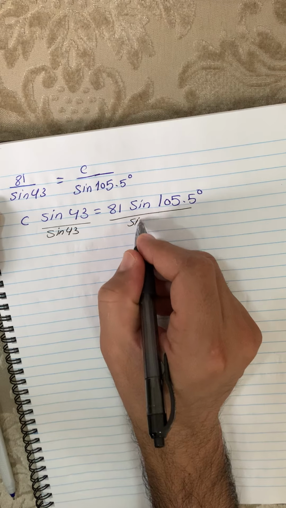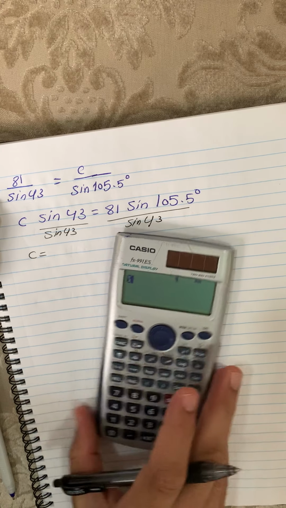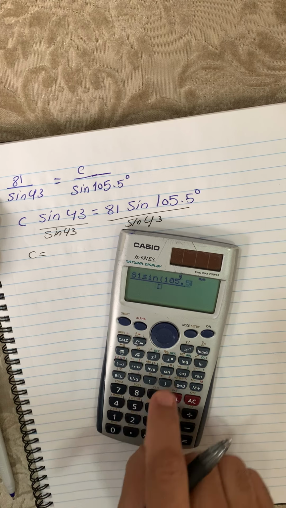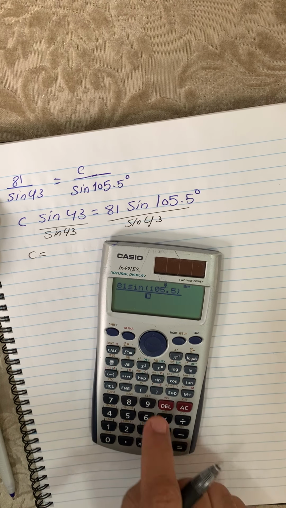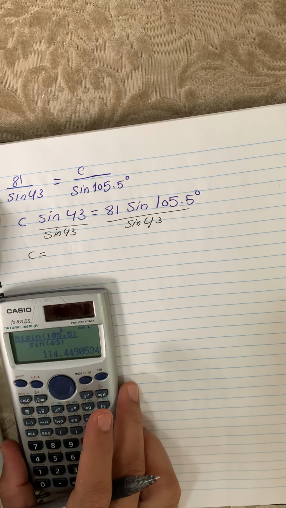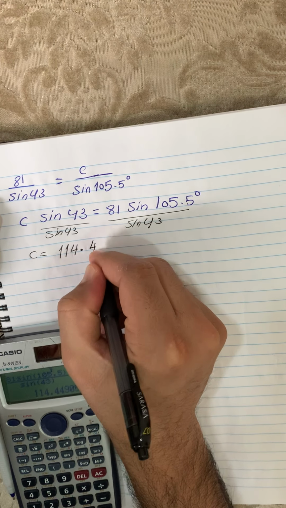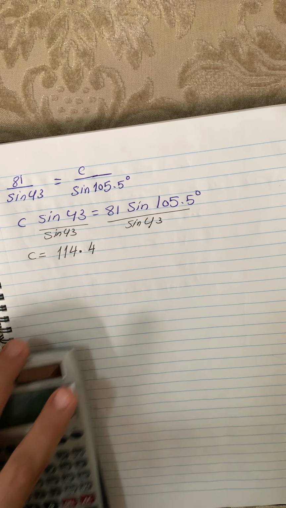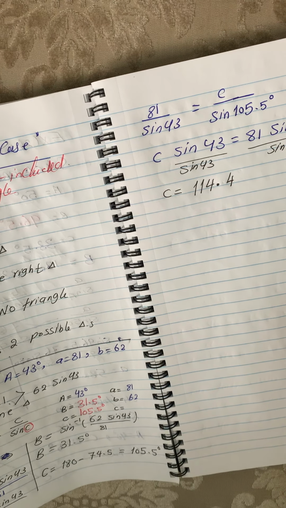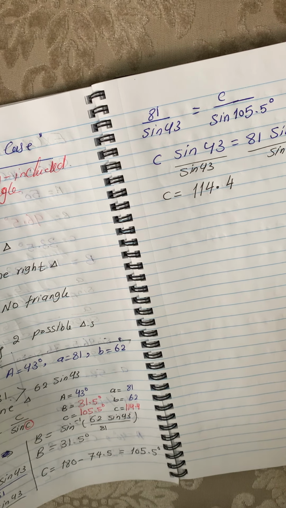Now c small equals 81 sine 105.5 over sine 43 equals 114.4. So this is c, 114.4. And now the triangle is solved.